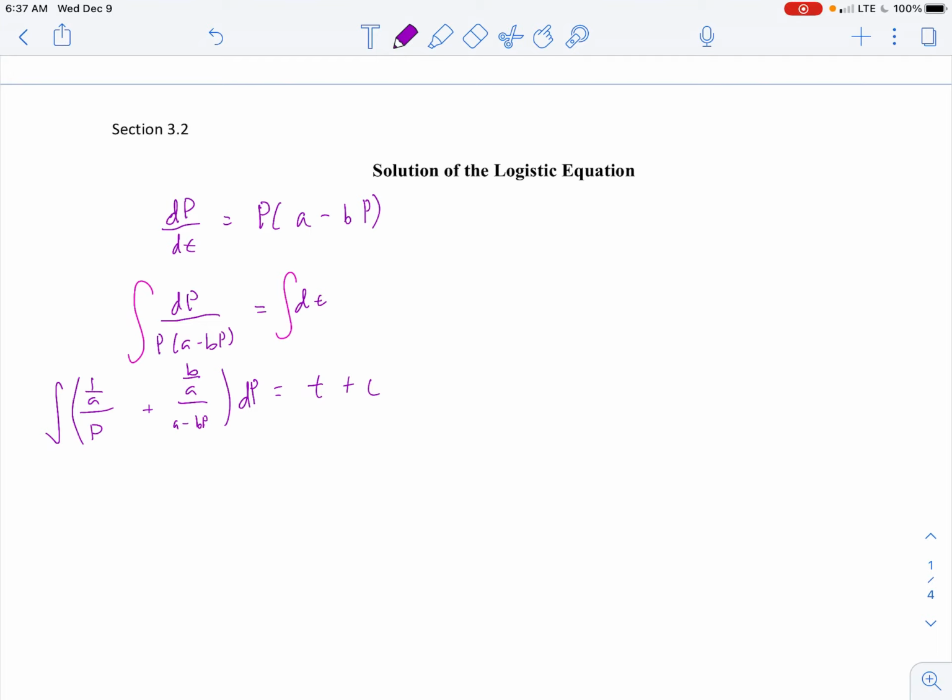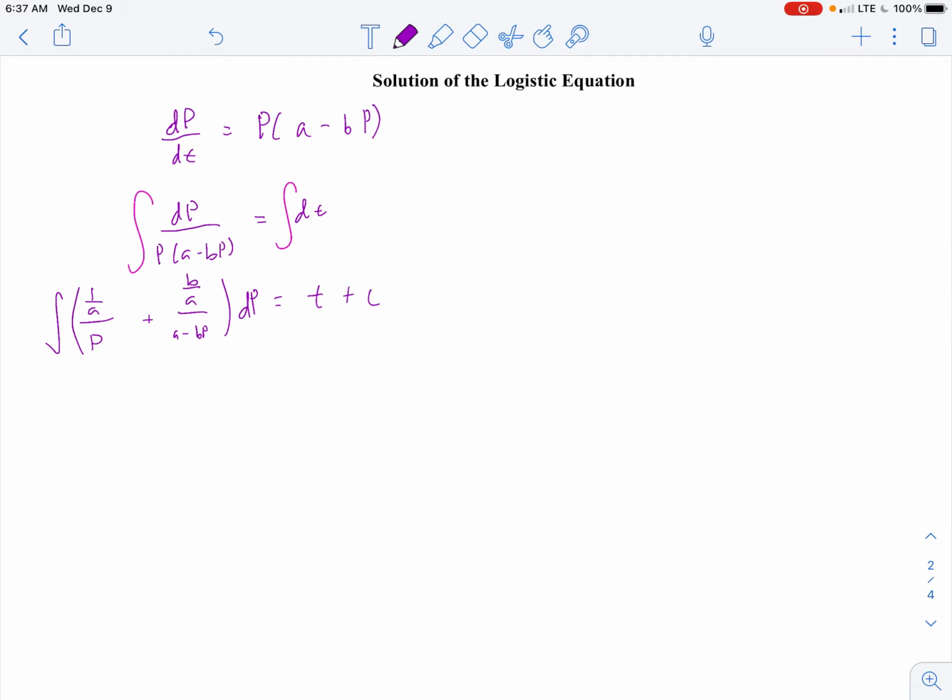When we integrate, we're going to integrate the left, 1 over a over p. It's just 1 over a natural log absolute value of p. And then when we integrate the right-hand side, we have b over a. When I take the derivative of the bottom, a minus bp, it's just going to be negative b.